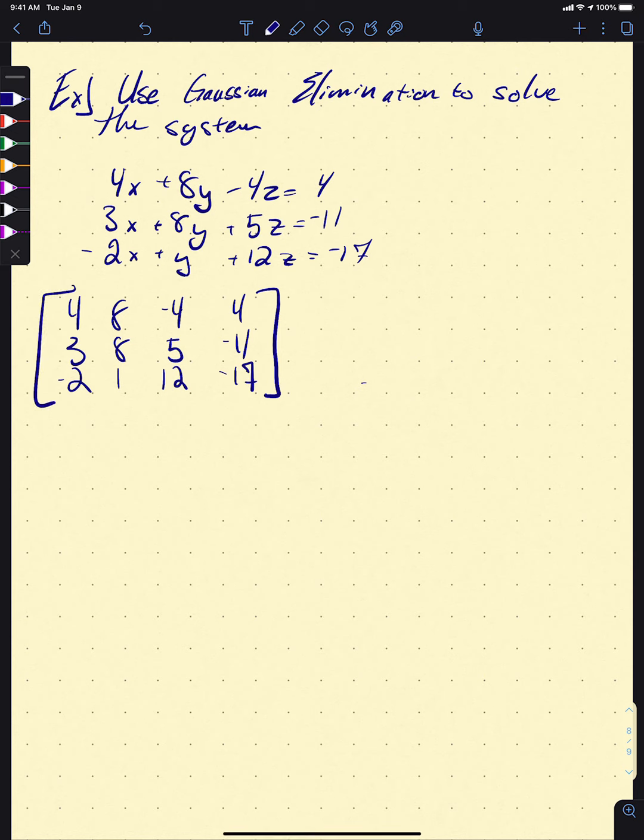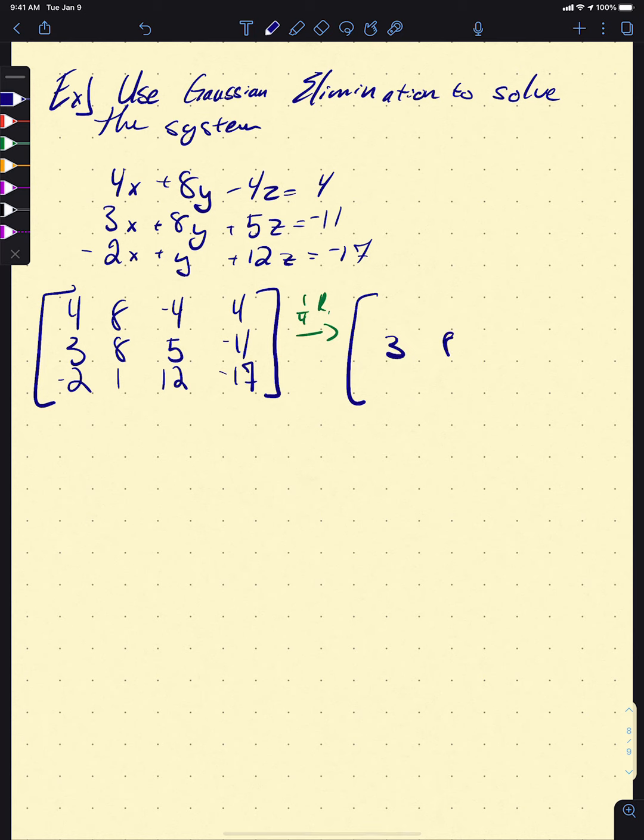Okay. And if we remember the rules that our row echelon form has to follow, our leading entry on each row has to be a 1. Right here I see a 4. It's a problem. But I can fix that rather easily, right? If I just multiply row 1 by a 4th, right?